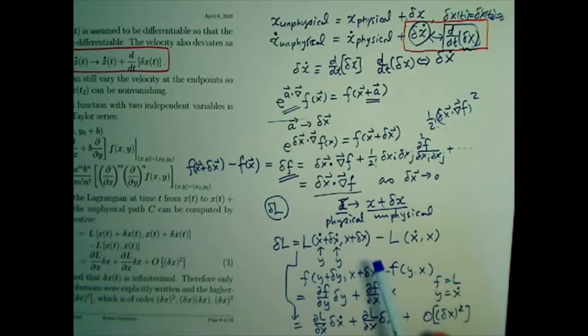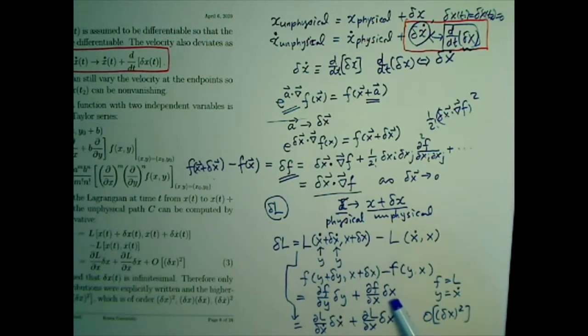So for the time being, we replace x dot by y. Then we can make use of this relation, f of y plus delta y, x plus delta x subtracted by f of y, x. So I have a linear contribution: y's partial derivative multiplied by the y shift, and x's partial derivative multiplied by the x shift.